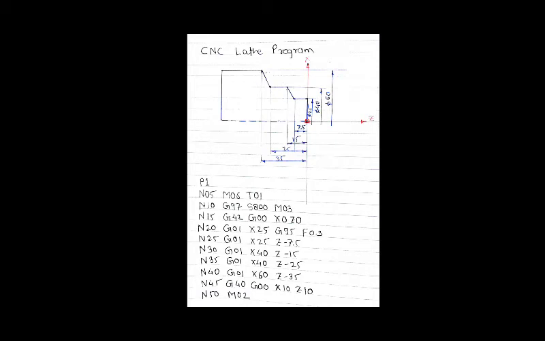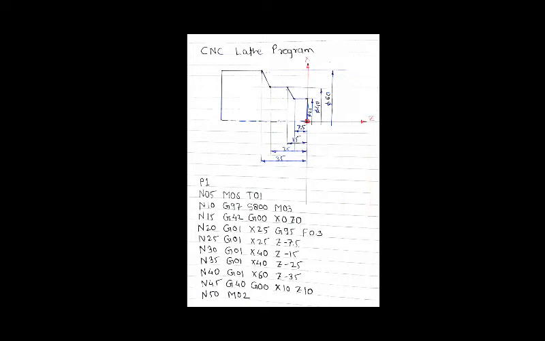Here you can do one more thing, as I said in previous lecture also. You can mark the points over here, say for example point 1 over here, point 2, point 3, point 4, point 5, point 6. Here you can write the points 1 2 3 4 5 6, and along with that you can write the X value and Z value.